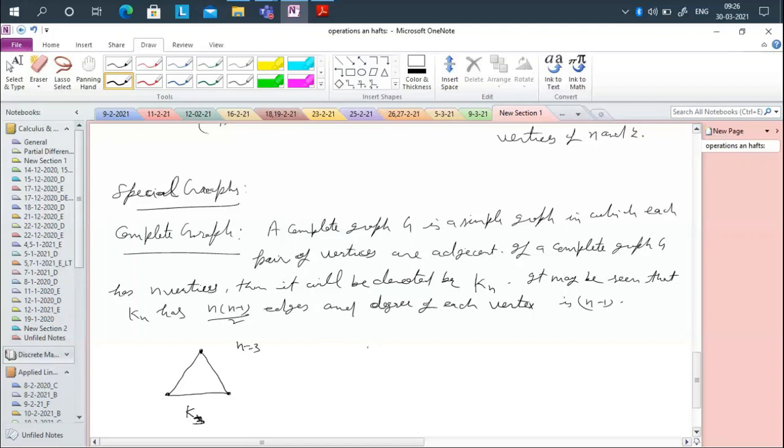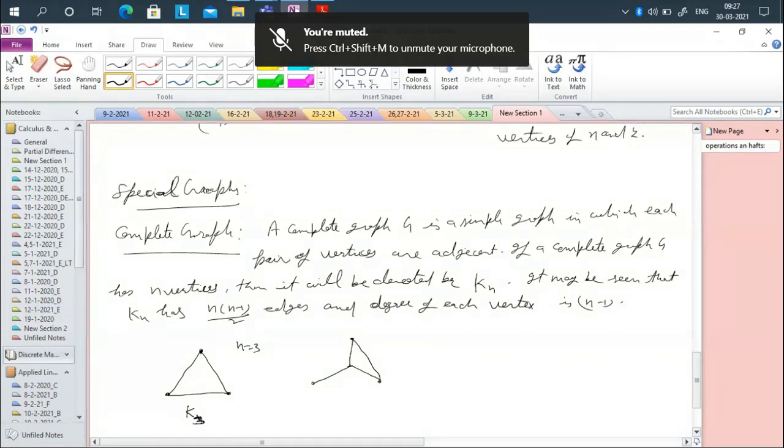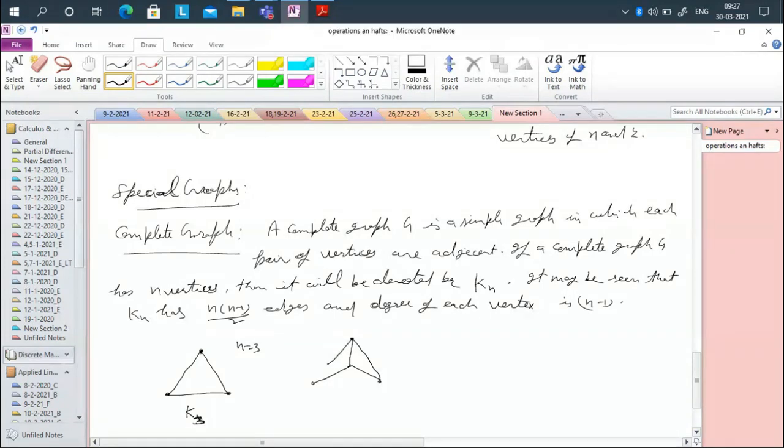Another complete graph. Yes, is this a complete graph or not? Here we have 4 vertices: 1, 2, 3 and 4.